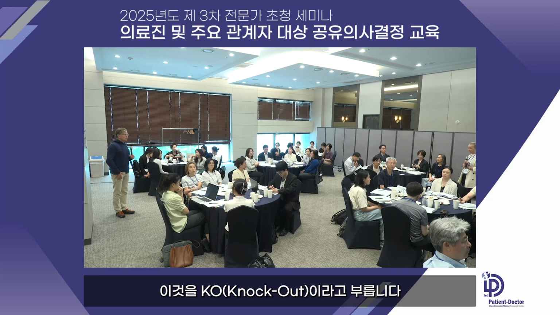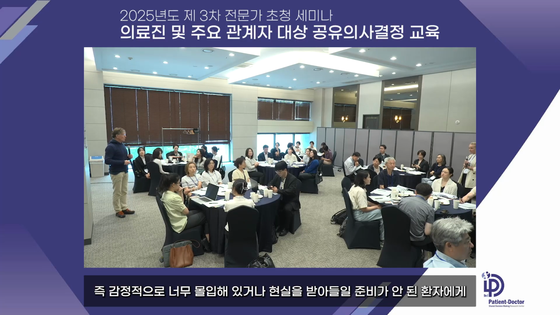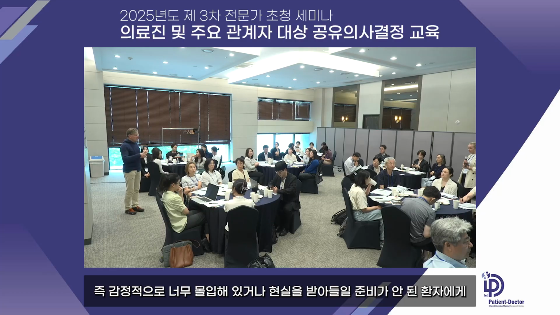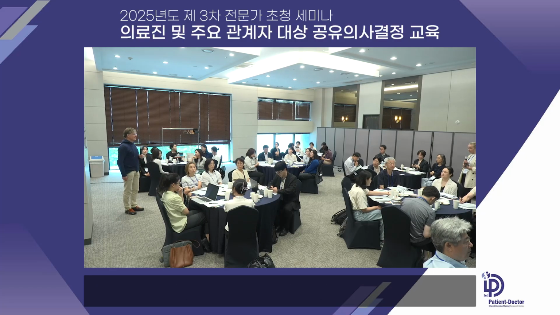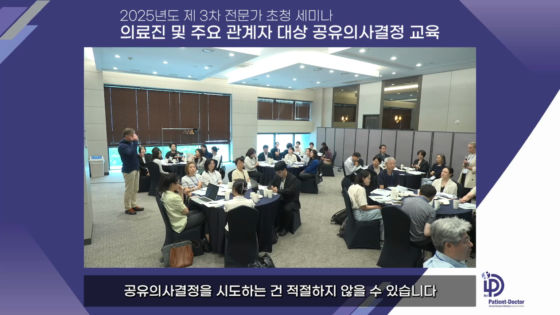Mm-hmm. So this we call KO criterion, this knockout, when shared decision making is tried, and someone tries to conduct shared decision making with somebody who is not there, or who is in an irrational emotional state or something.